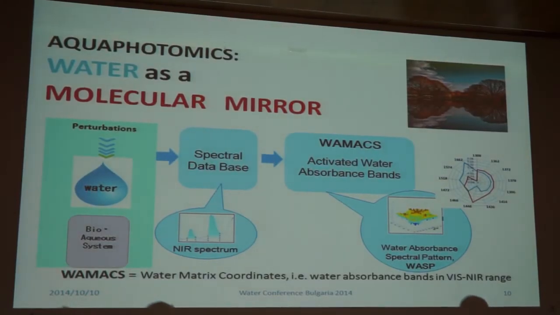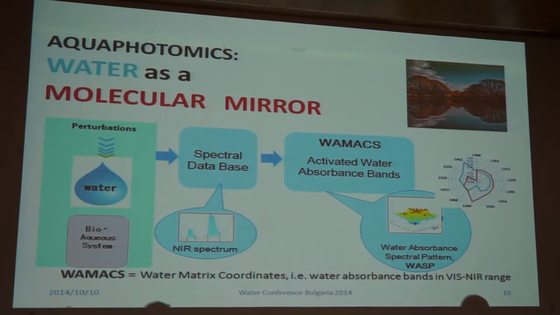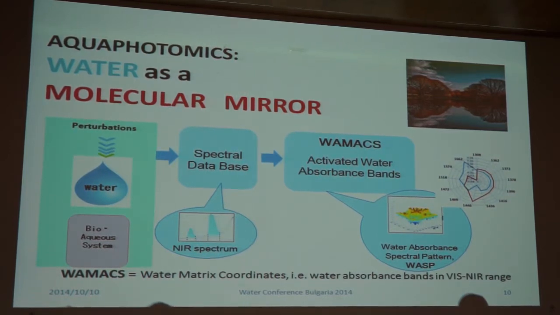The whole concept is that water is very sensitive, water gets perturbed by any and many different perturbations. A very small influence could change the arrangement of water molecules. Now we can take a spectrum. This is the water spectrum. If you look at it with your naked eyes, you don't see anything.